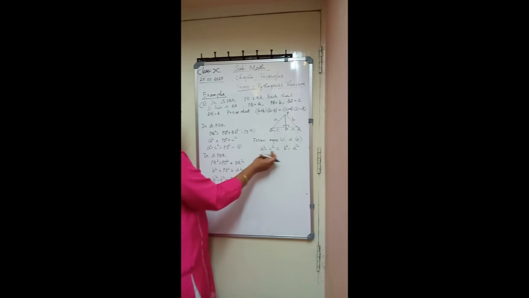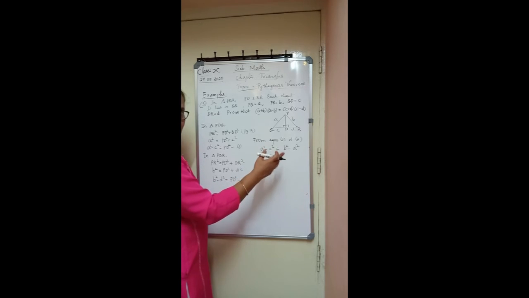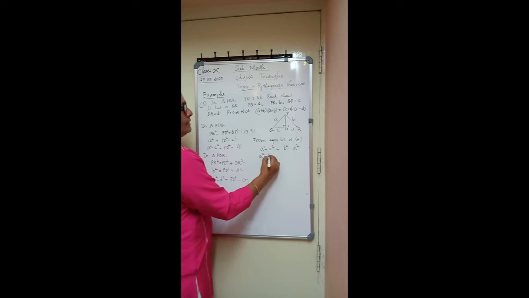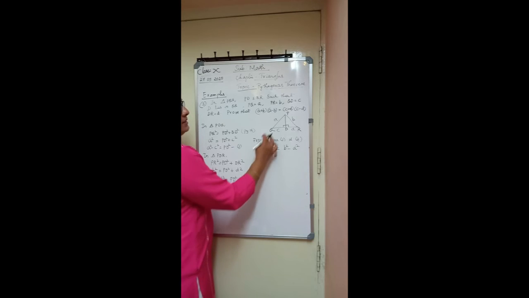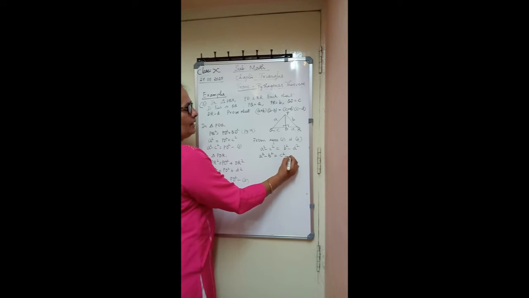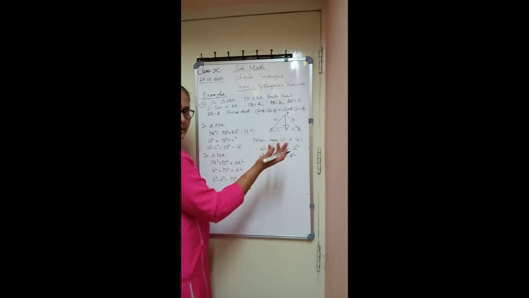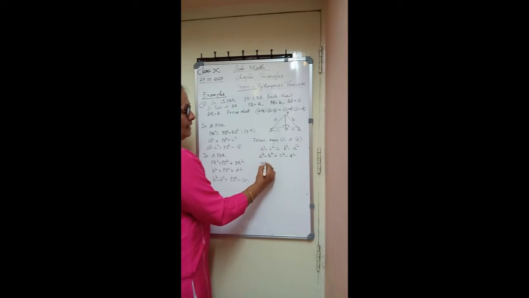If you take b square this side, what you get? a square minus b square. a square minus b square is what? (a plus b) into (a minus b), right? So we will shift these terms: a square minus b square, and take this c square to this side: c square minus d square. a square minus b square is (a plus b) into (a minus b).